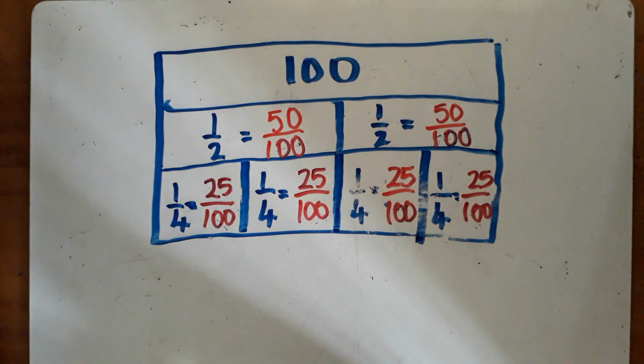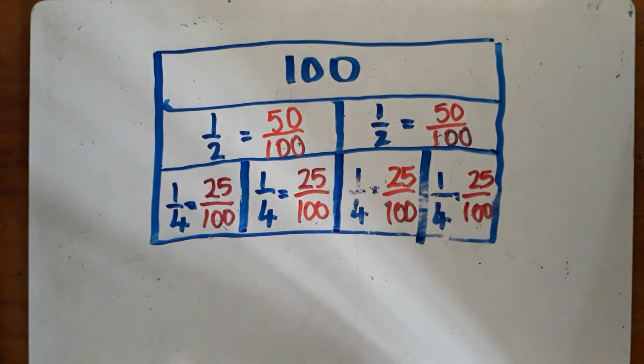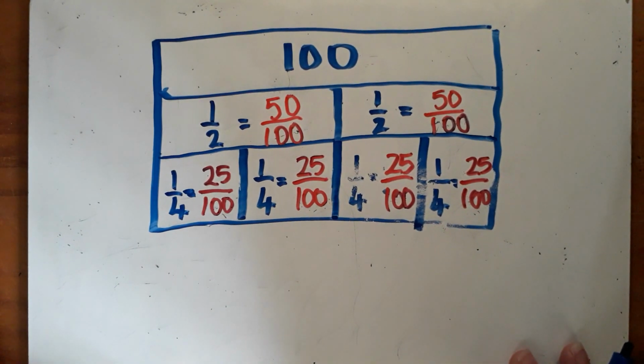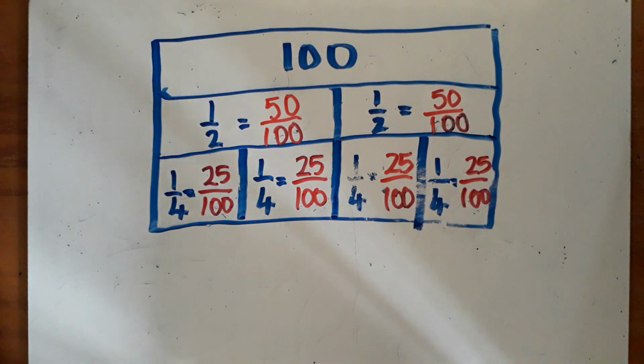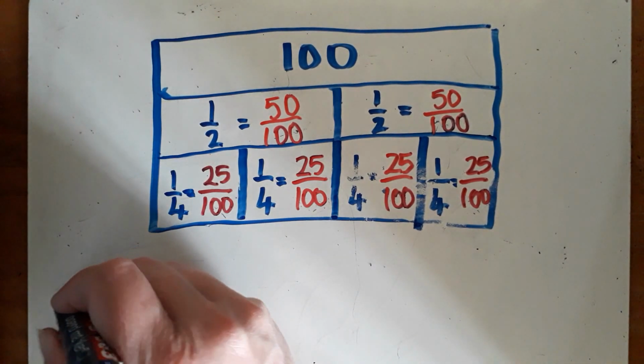Okay, and there are just some really common fractions that you are expected to know the fraction decimal equivalent of without having to work it out. You're just expected to know them. Not that many of them, especially not in year 4.